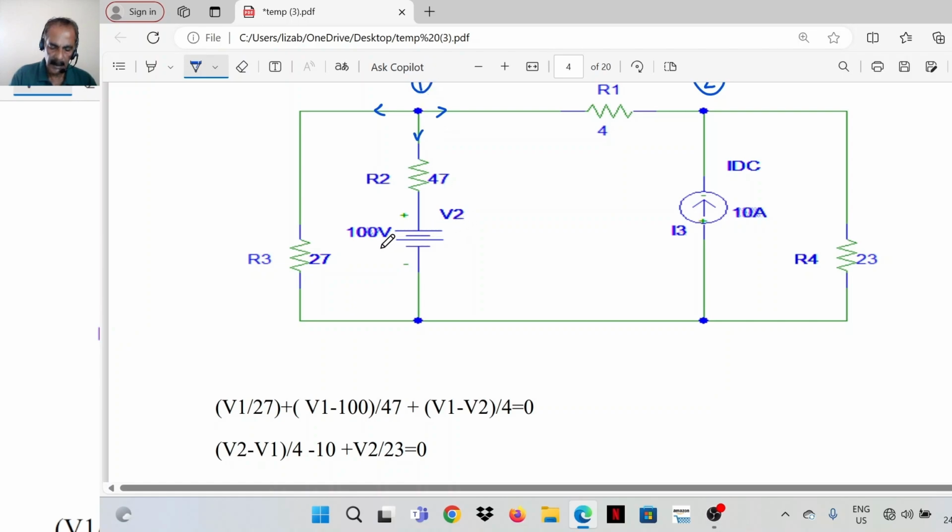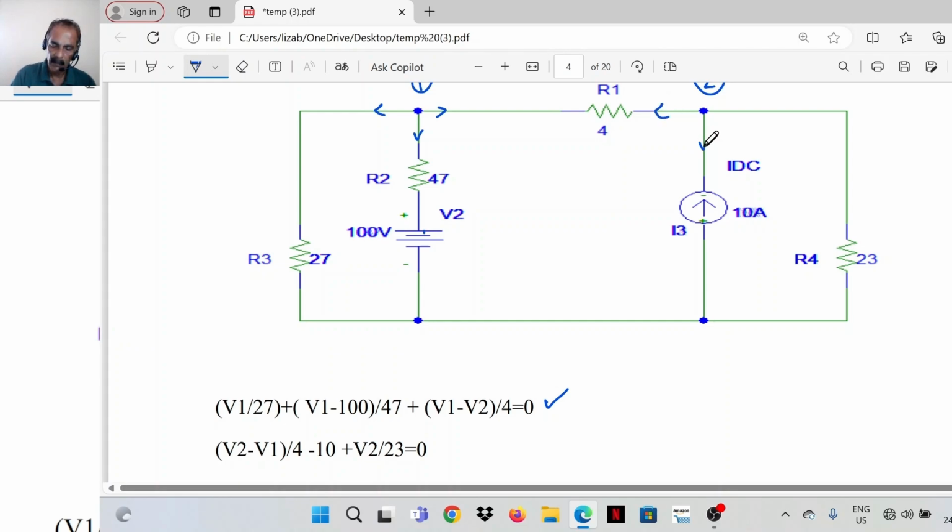Then (V1 minus 100) divided by 47 is the current flowing through the battery branch. Then the current flowing from node 1 to node 2, (V1 minus V2) divided by 4. So V1/27 plus (V1 minus 100)/47 plus (V1 minus V2)/4 is equal to 0.